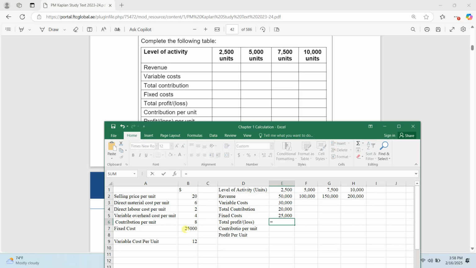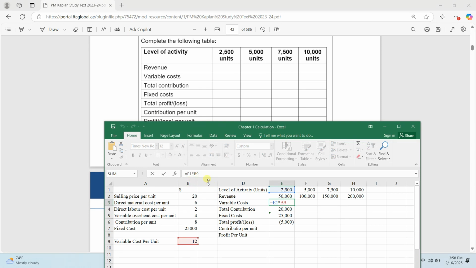What is the profit? Sales minus variable cost, we already have the contribution, so now this minus this one. In the first case, if we sell 2,500 units, we are in loss. Now let me fix this to save some time.